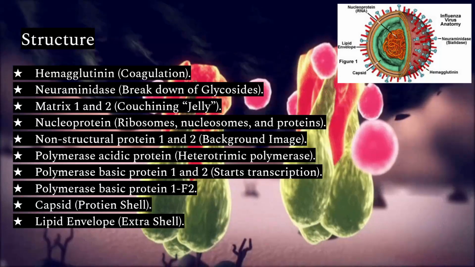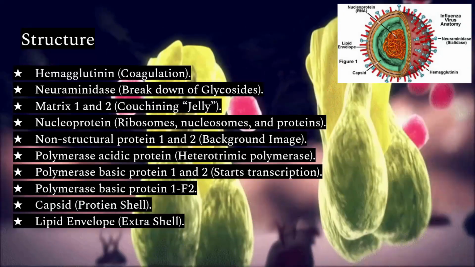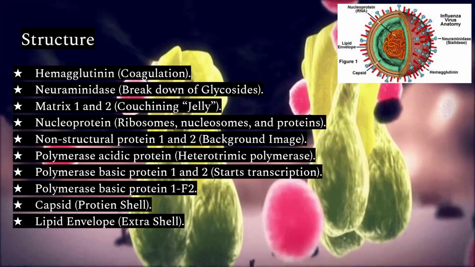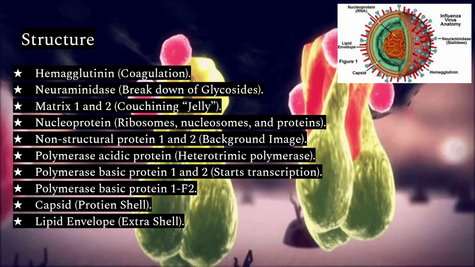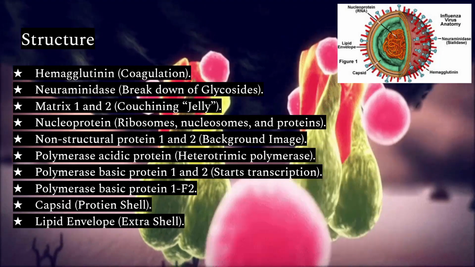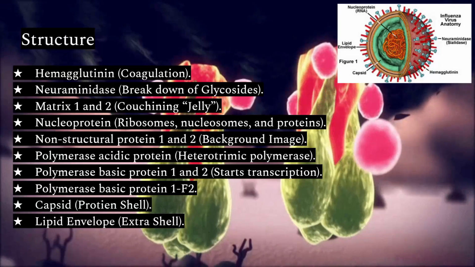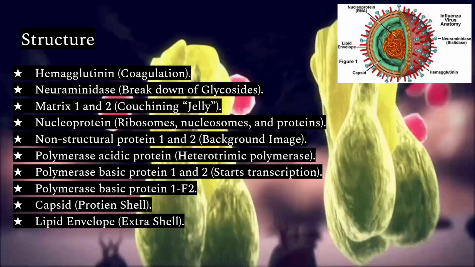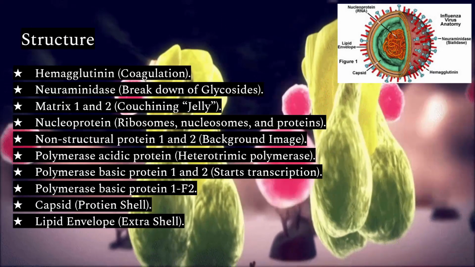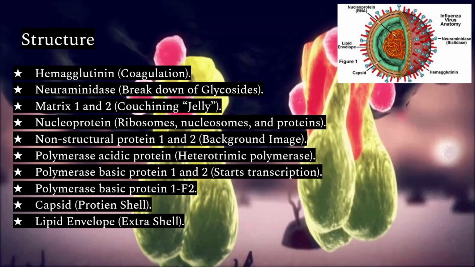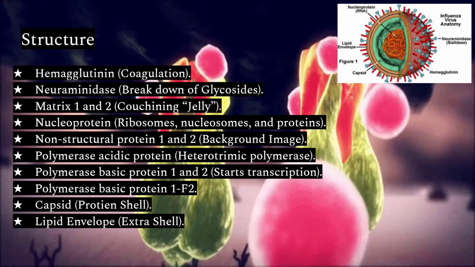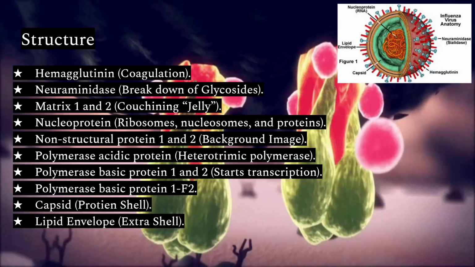Matrix 1 and 2, which are the cushioning jelly within the inside of the structure. Nucleoprotein, which consists of ribosomes, nucleosomes, and proteins. Non-structural proteins, which are what the background animation is displaying. Polymerase acidic protein, or a heterothermic polymerase.